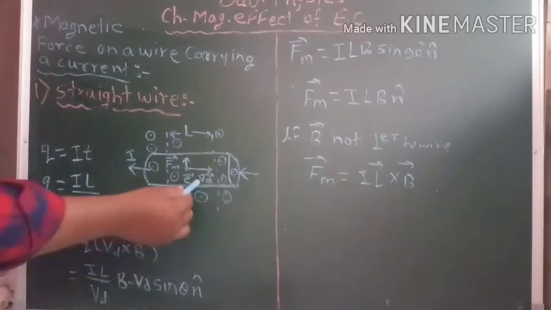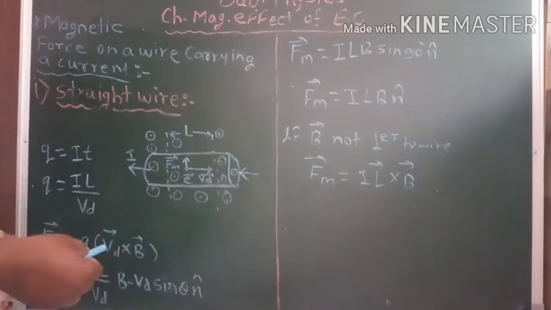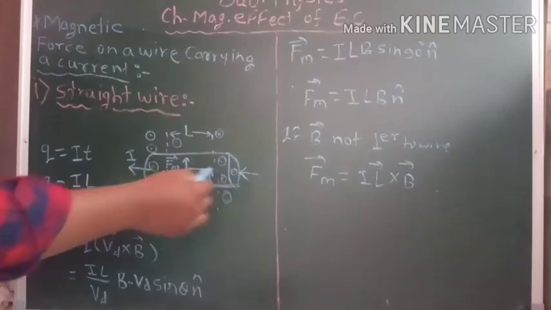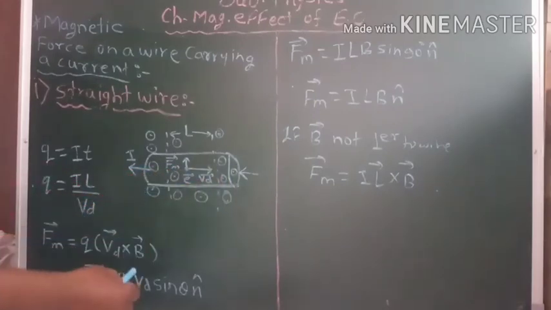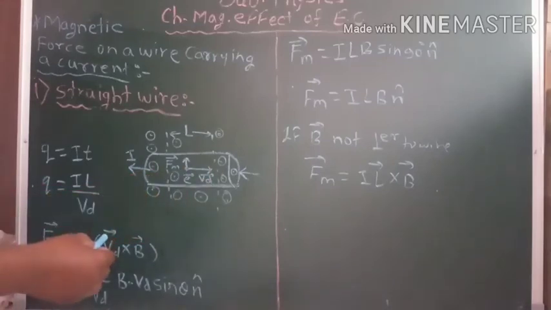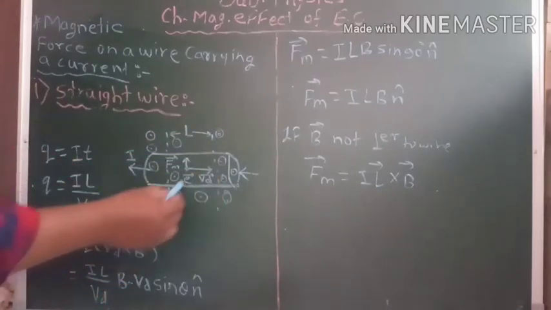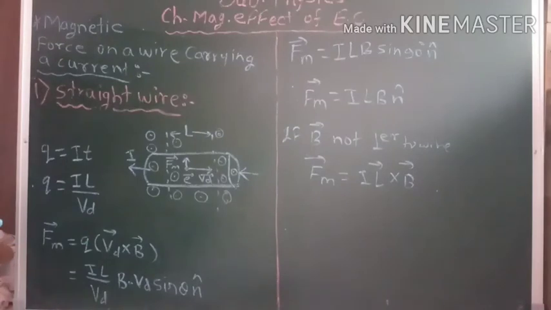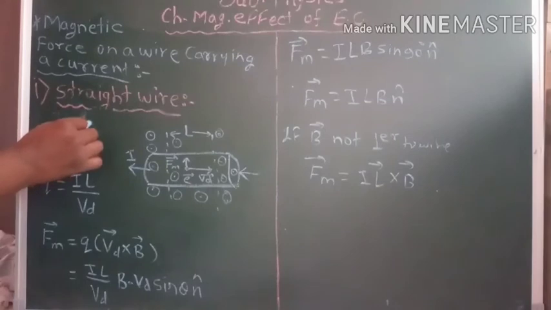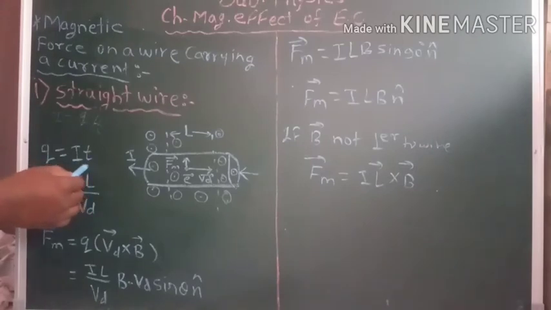If Vd is the drift velocity of the conduction electrons, in a part of the wire of length L, a charge Q flows across the plane of the paper in a small time t. We know that the current I is equal to Q upon t, the rate of flow of charge. Therefore Q is equal to It.